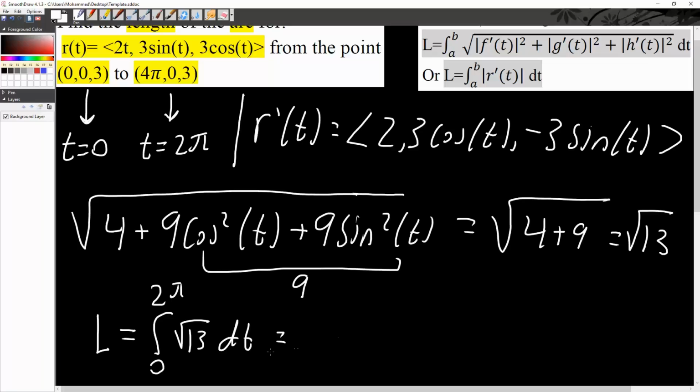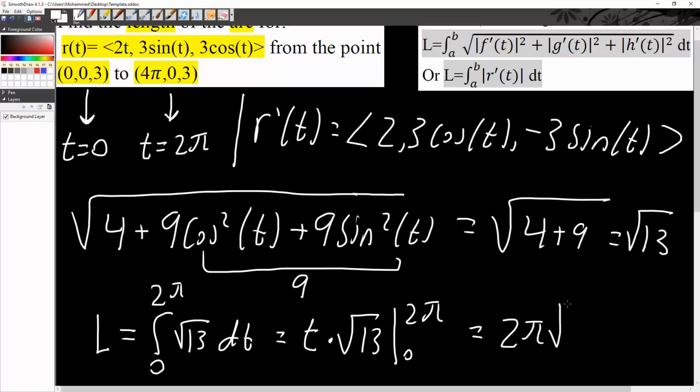And so we take the antiderivative, and we would get t times square root of 13 from 0 to 2π. Now we plug in 2π, and obviously if we plug in 0, we get 0. So our final answer would be 2π square root 13. And this is our final answer, and that's all we need to do.